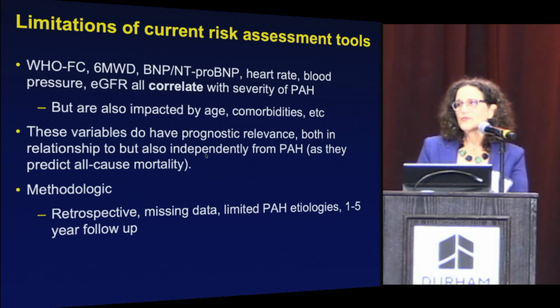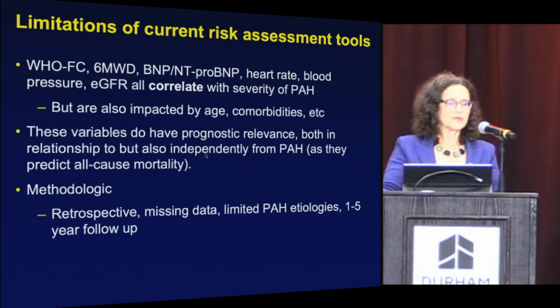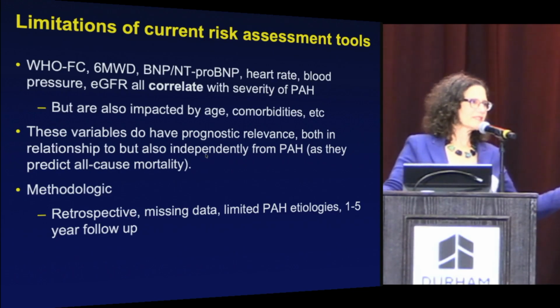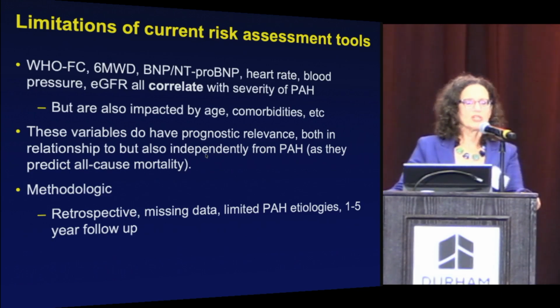And we all know that we're seeing many older patients with comorbidities these days. So these variables, while they have prognostic relevance to PAH, they're also independently predictive of all-cause mortality. So are we really measuring the impact of the PAH?